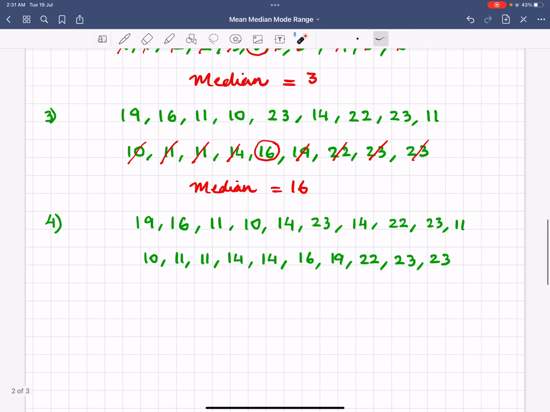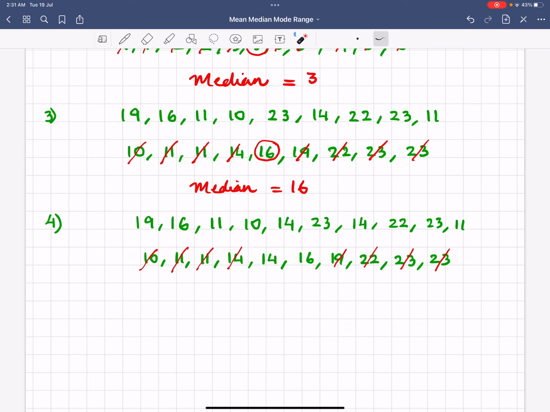Let's start crossing out from both the ends. So we have 1, 1, 2, 2, 3, 3, 4, 4. Now if I cut out the fifth number, I will cut out 5 and 5. We can't do that because both these numbers are in the center or in the middle of the data.